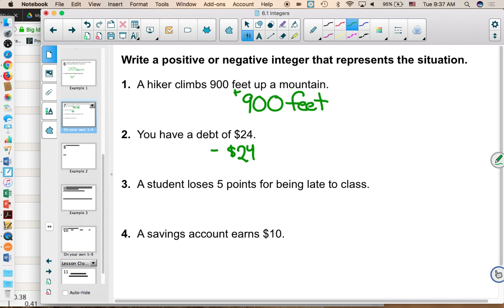Jaslyn. A student loses 5 points for being late to class. Write the positive or negative integer. Nice job. Pick somebody that hasn't been up. A savings account earns $10.